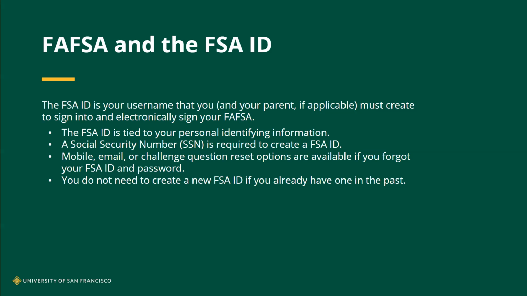You will also need a mobile number, an email, or a challenge question to reset your password if you forget it. You do not need to create a new FSA ID if you have already created one in the past. If you don't remember your FSA ID, you can always click Forgot Login Information for more information.